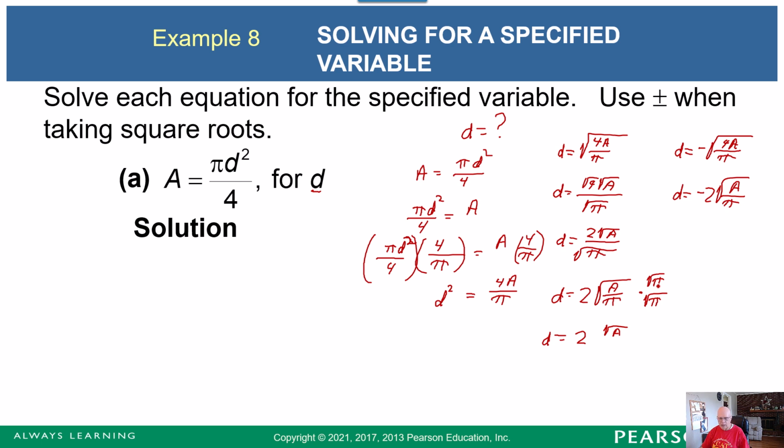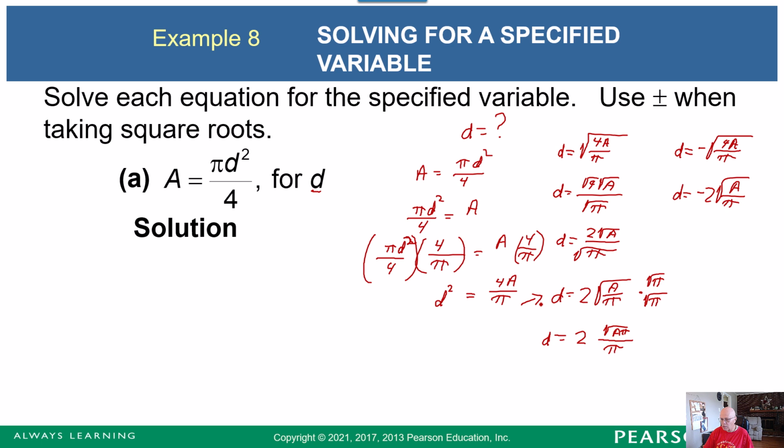There you go. Let's see what the PowerPoint does, because I haven't seen this one. They take a different route, but equivalent. There's a square root property, and there's the 4a up there and the pi in the bottom.